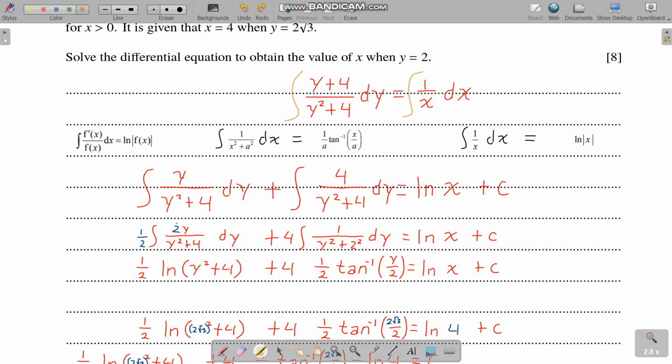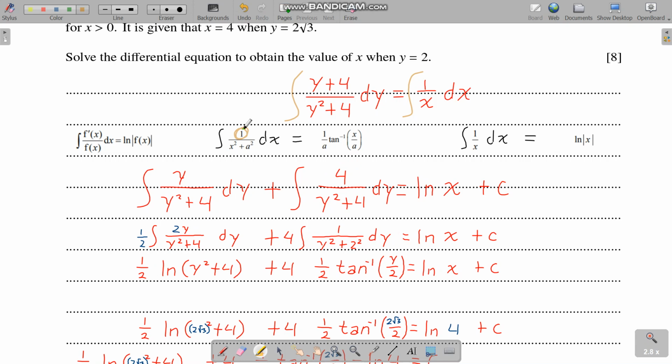So we multiply by 2, but we also divide by 2, so we are not changing the question. Now, since we have the derivative of y squared plus 4 on top, we can use this formula, and what we get is ln the denominator. So we have here 1/2 ln y squared plus 4. Don't forget the 1/2.